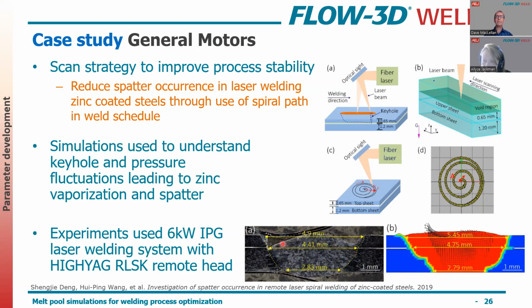So you see good agreement here in terms of the experiment compared to the simulation. The experiment does have a bit of mass loss here at the top, and that's because of the spatter ejection, which they didn't capture in the simulation because they weren't actually modeling the zinc vaporization, but they were looking specifically at the local pressures so that they could control that zinc vaporization. And they ran these experiments with a 6 kilowatt IPG as well.